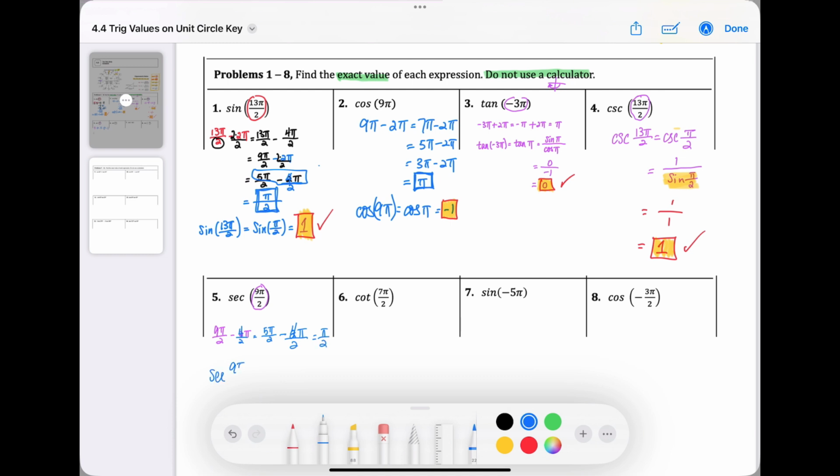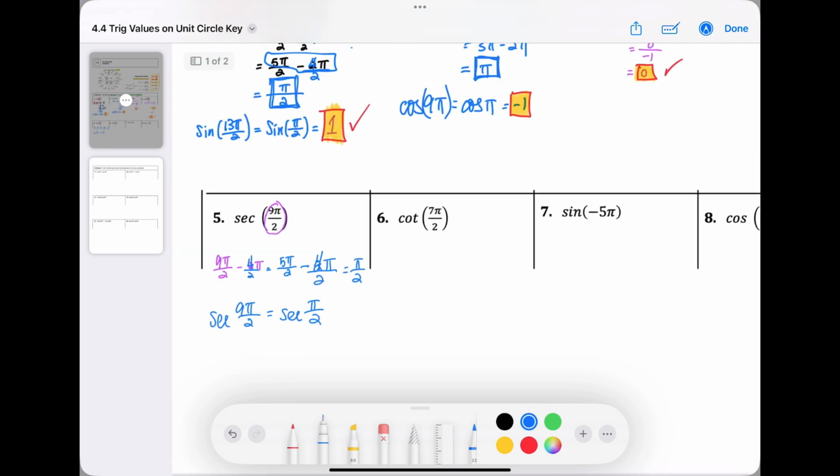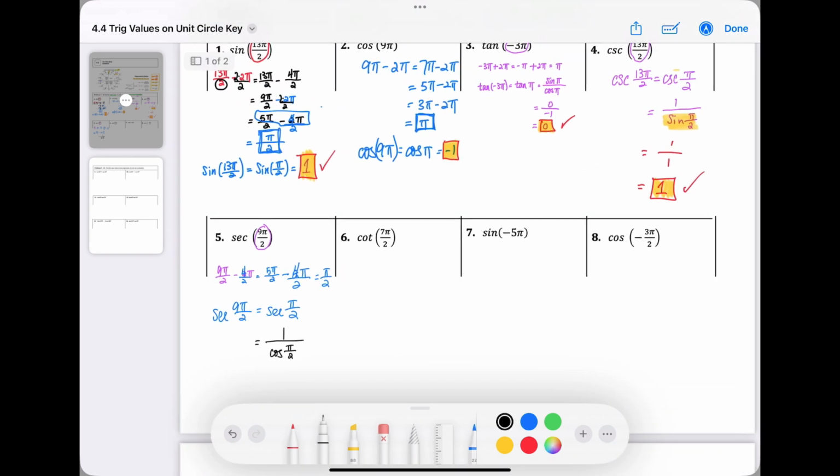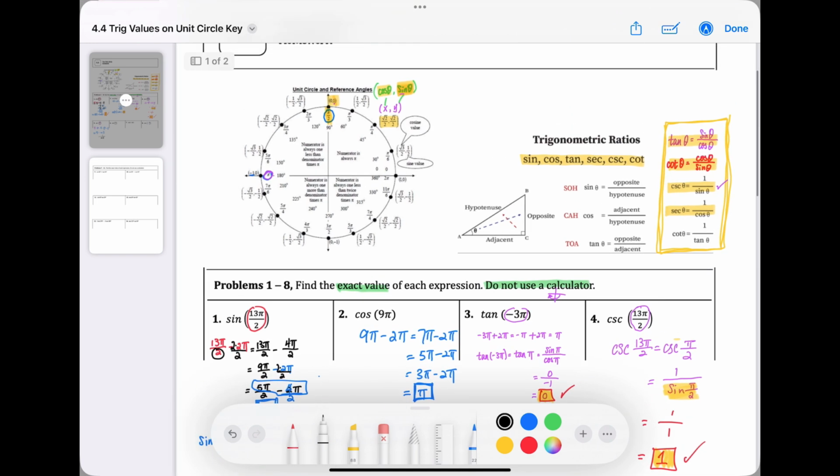So this tells us secant of 9 pi over 2 technically will have the same value as secant of pi over 2. Now you may say, Maison, there's no way on the unit circle I got the secant. But we know that secant is the reciprocal of cosine. So now I'm looking for 1 over cosine of pi over 2.